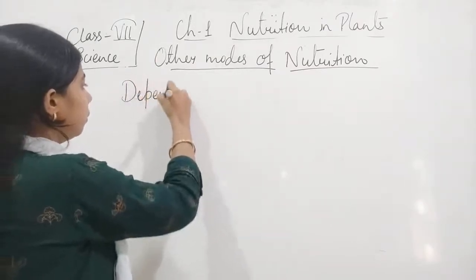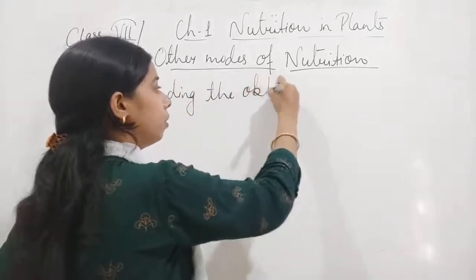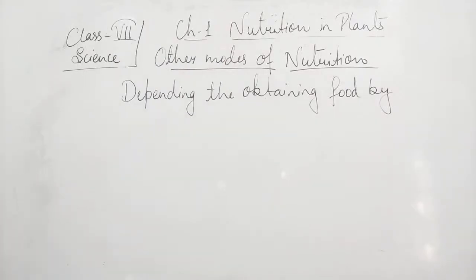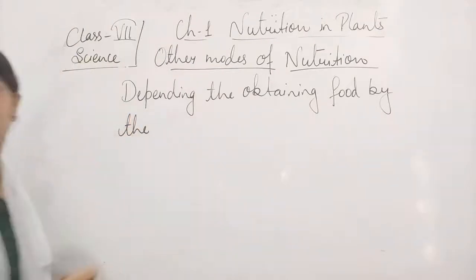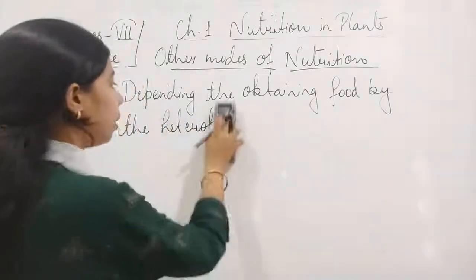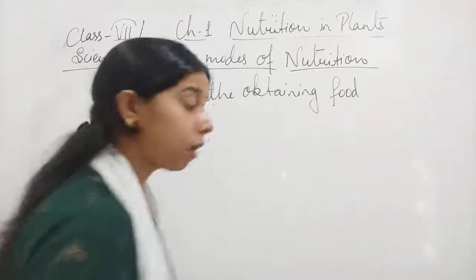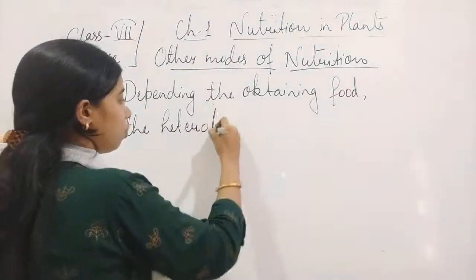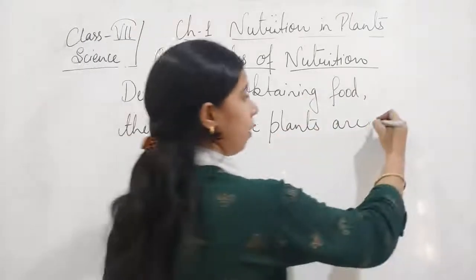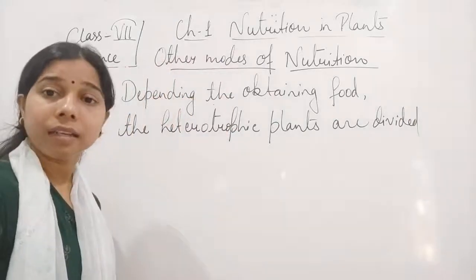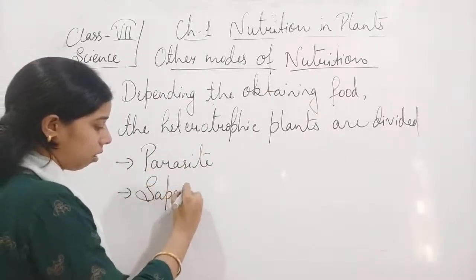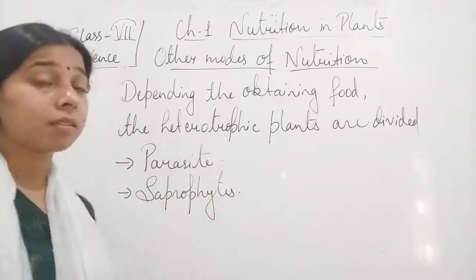depending upon obtaining food by the heterotrophs, the heterotrophic plants are categorized or divided into parasites and saprophytes.